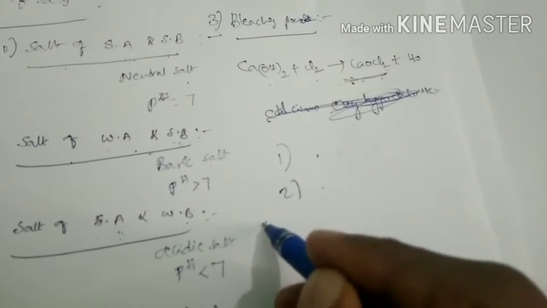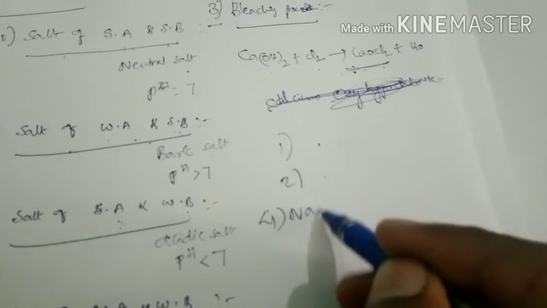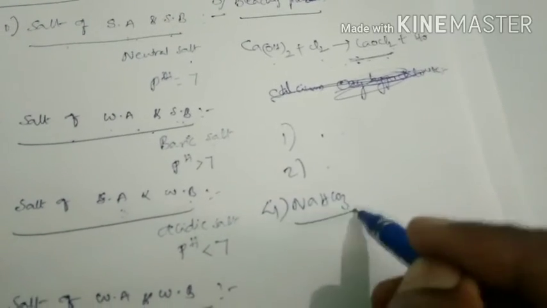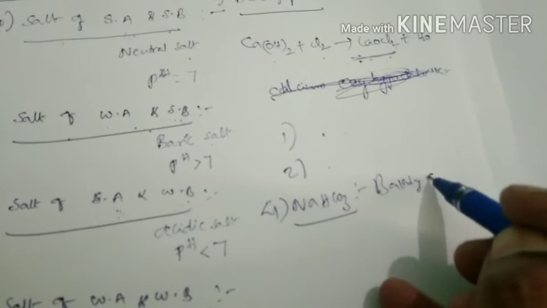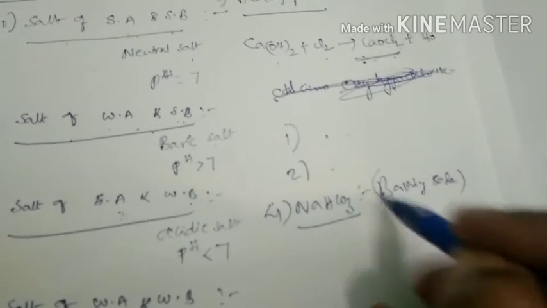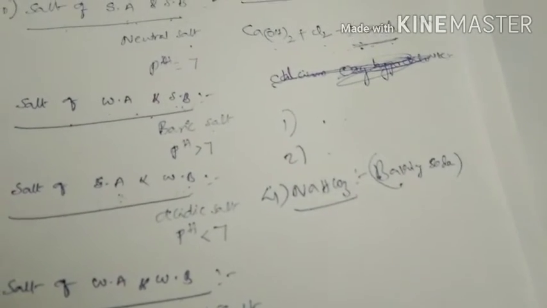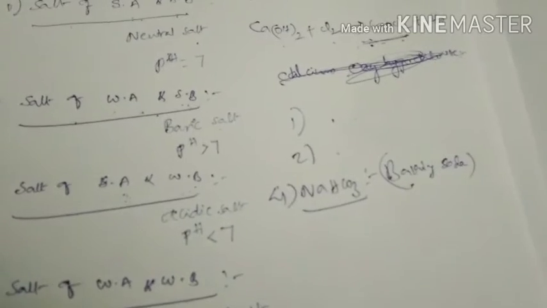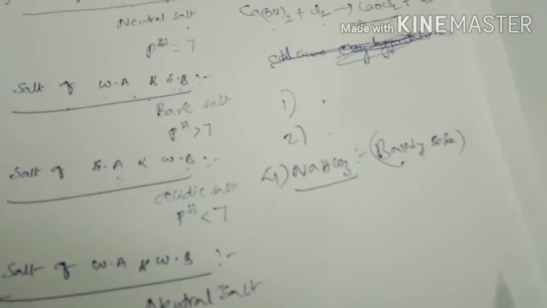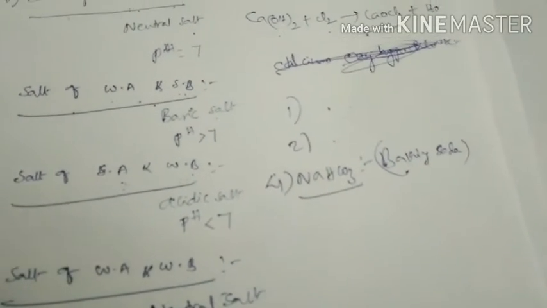Next, the fourth one, NaHCO3. Its name is baking soda. We know very well about this one because we use it in the kitchen while making crispy foods like cakes and pakoras.